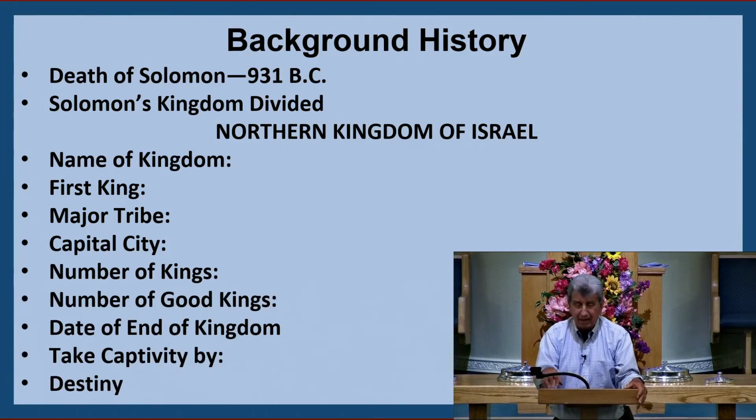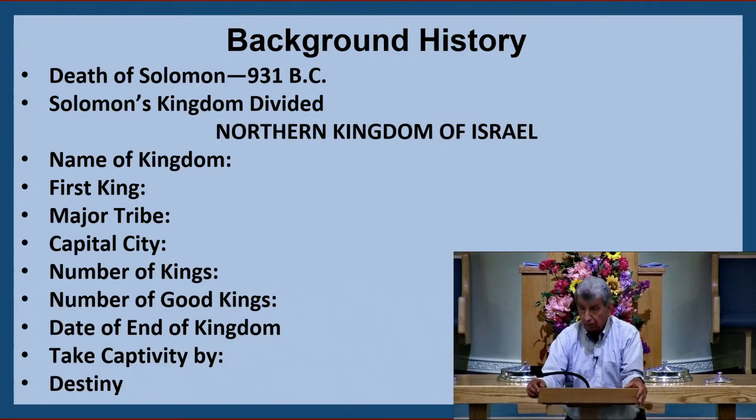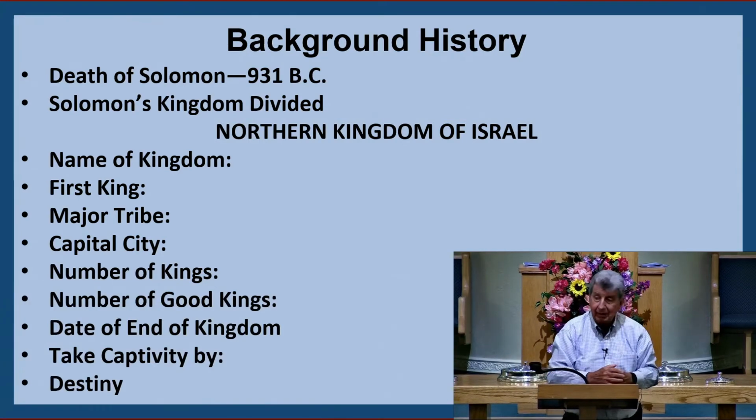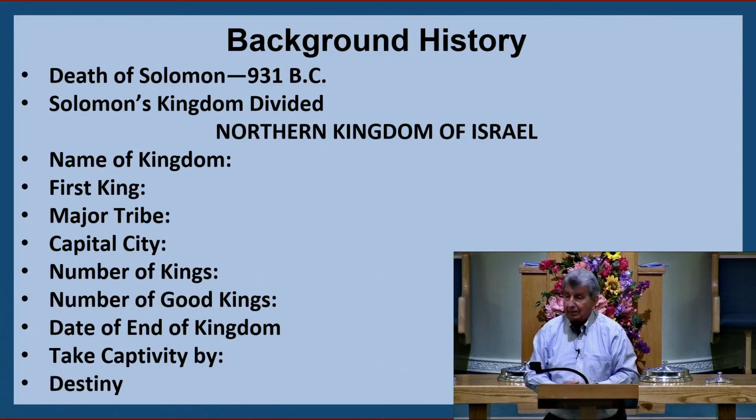I'm not a big one necessarily for knowing dates, but for getting concepts. How old is America? It's a little over 200. So this northern kingdom existed about the same period of time that America has existed, about 200 years. And then it was taken captive by what nation?